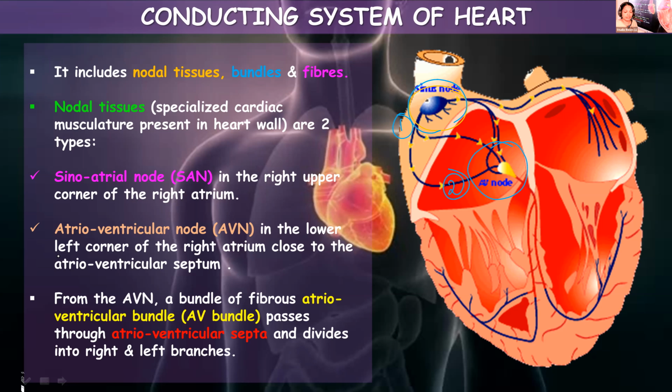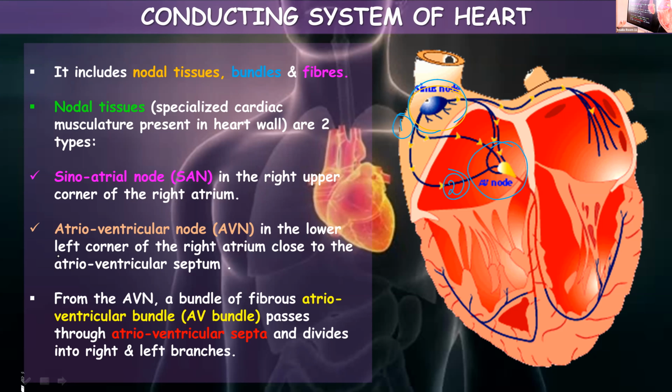In the beginning itself, I told that the conducting system of the heart comprises nodal tissues, bundles and fibers. About the nodal tissues we discussed, and arising from the AVN, the atrioventricular node, you can see a bundle of fibers.